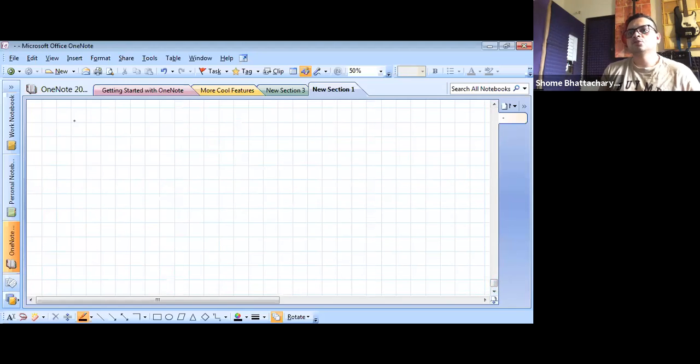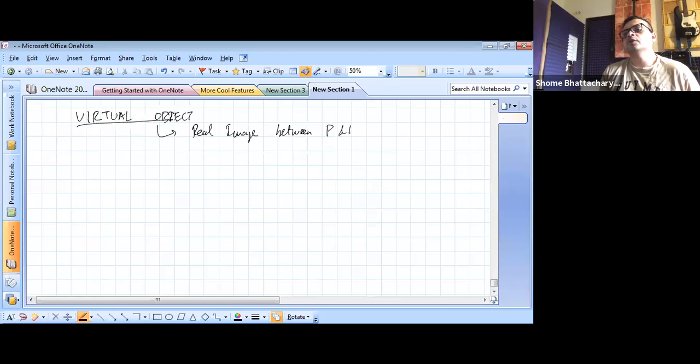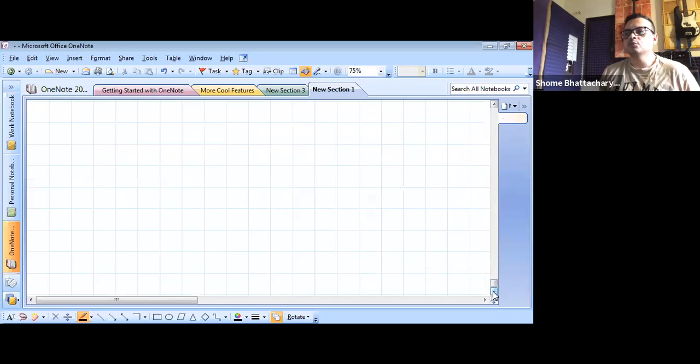The case for the virtual object is this, that it will give you a real image between the pole and the focal point, and that will be upright and diminished. Now you might say, how come a real image will be upright? That is because it is a virtual object. So you have to understand this kind of ray diagram.